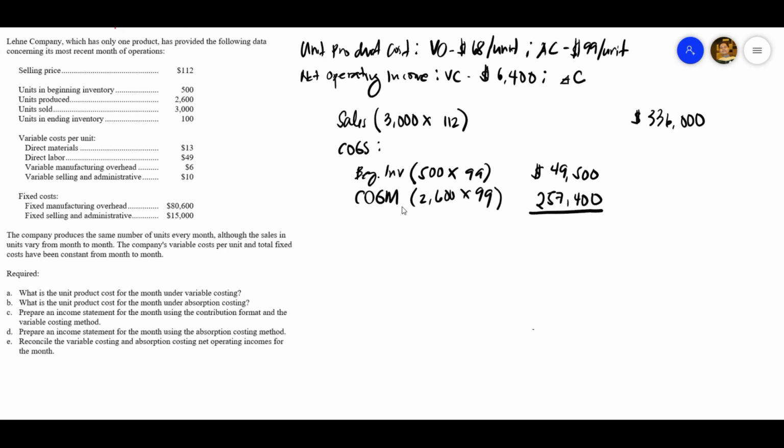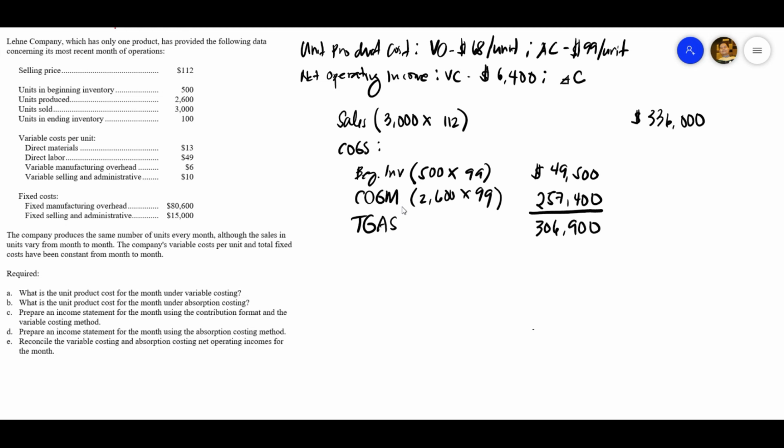Then when we add the two, it is what we call your TGAS or total cost of goods available for sale. Okay? So its total is 306,900.